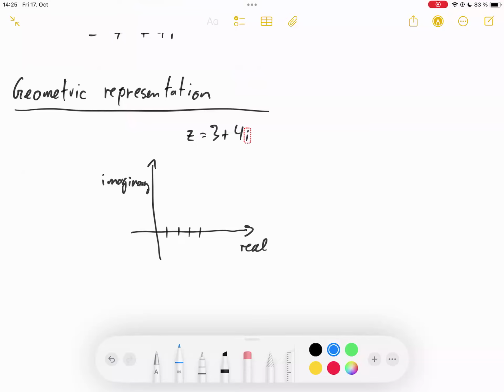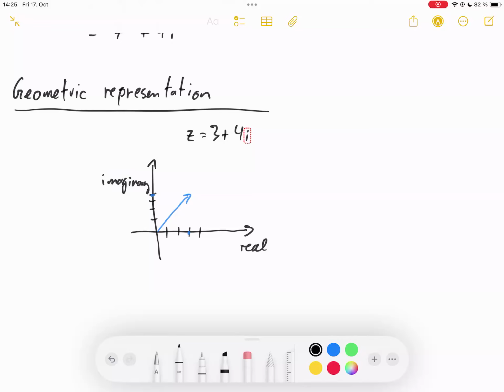So we have the 3 here for the real part, and a 4 in the imaginary one, and then we would have something like this. Even though the ticks don't look perfectly the same on the two axes, we could represent 3 plus 4i as a vector, so to speak, as a geometric representation.